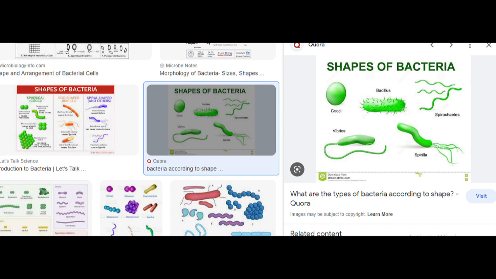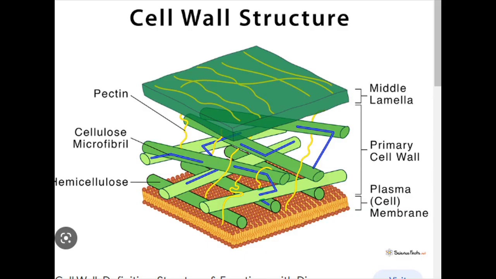These special mechanisms include conjugation, transduction, and transformation. When you come to microbial genetics, we are going to deal with transduction, conjugation, and transformation in more detail, and genetic recombination will also be spoken about.